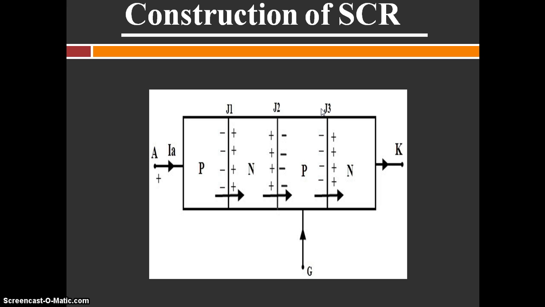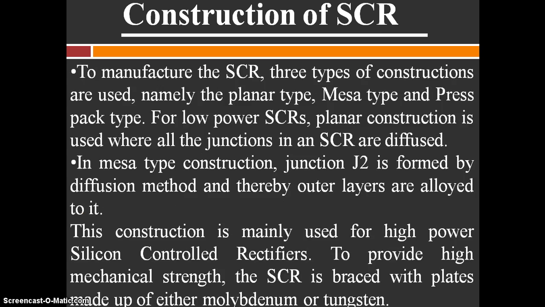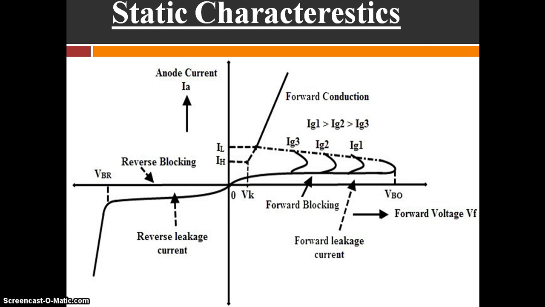This is the operational condition of SCR. The next is the VI characteristics of SCR, called the static characteristics, in which the x-axis shows the anode to cathode voltage and the y-axis shows the anode current I, measured in microamperes.